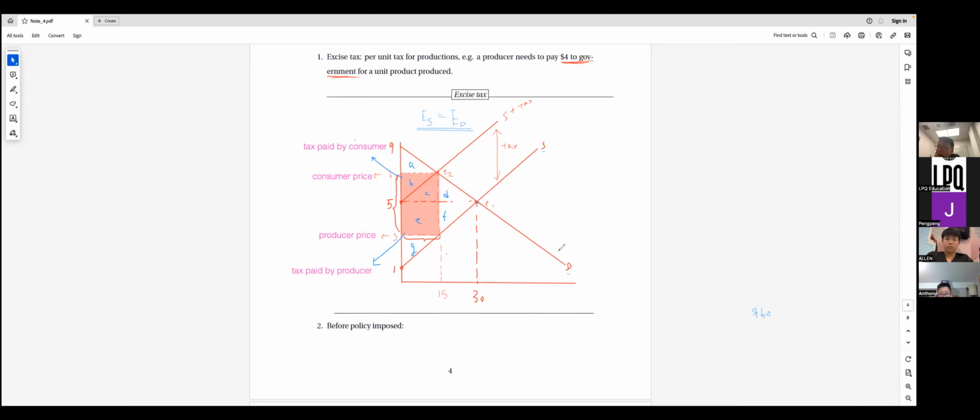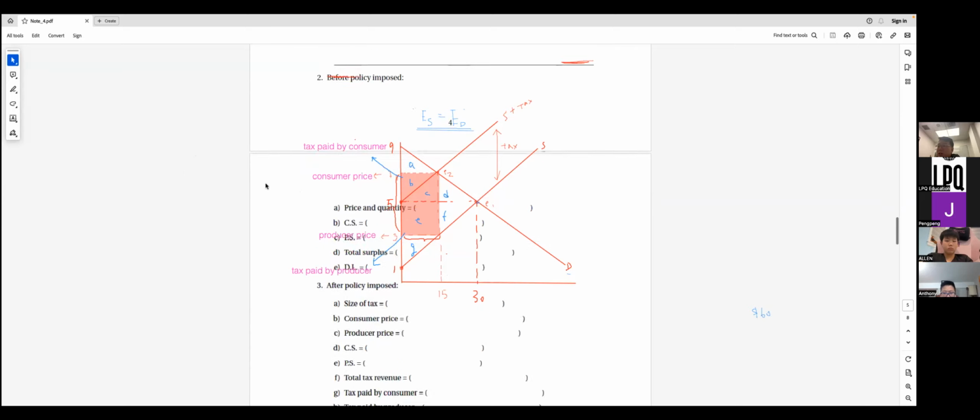The absolute values of the slopes of the supply curve and demand curve are equal to each other. So in economics, that means ES equals ED. Consumers and producers are equally sensitive about price change. So let's prove what I said is right. Let's turn to the next page.